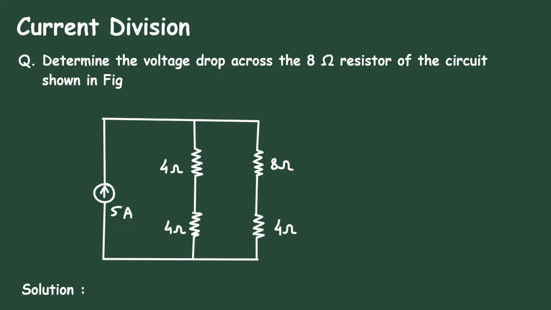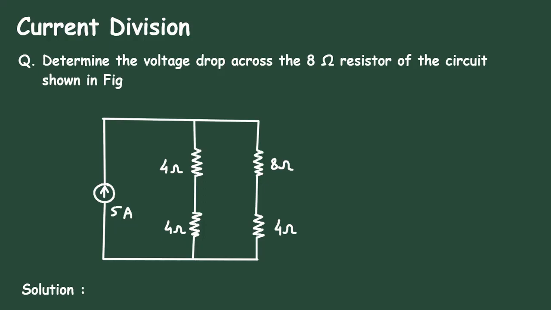And here this will be 5 plus R. These are the two resistances. Let's say this resistance is R1 and this resistance is R2. So R1 parallel with R2 will be R1 into R2 divided by R1 plus R2.